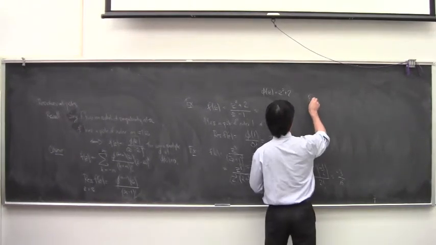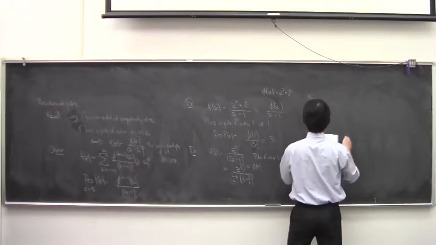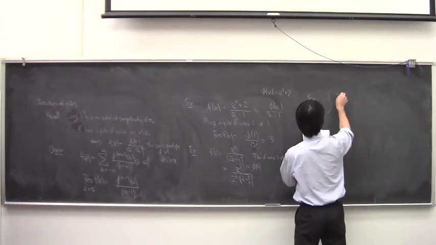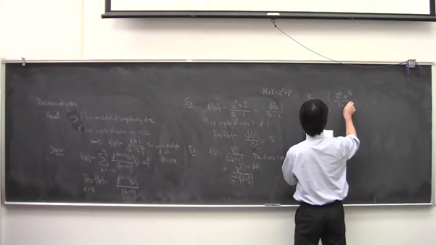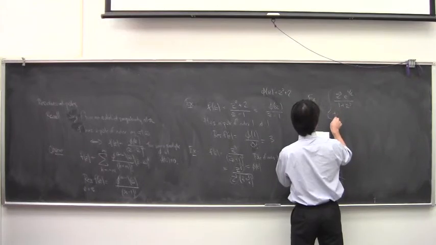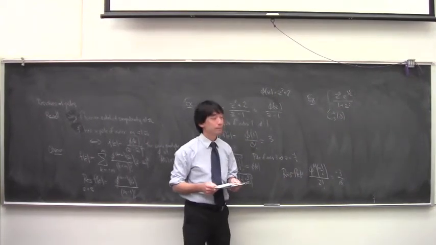Another example, sort of combining this with the residue at infinity trick. Somebody asks you to evaluate the integral of e to the z over z, (1 plus z cubed), over the circle of radius 3 centered at 0.